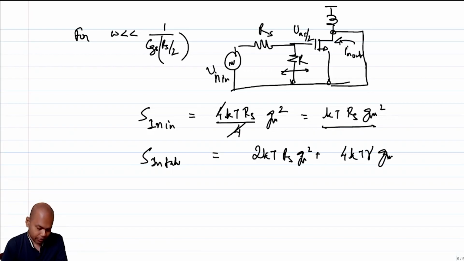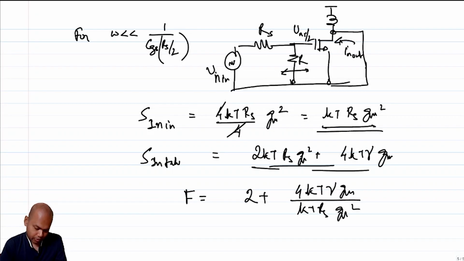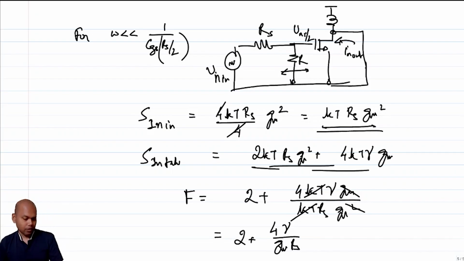So what is your noise figure or noise factor? Noise factor is essentially this divided by this. So I get 2 plus 4 kT gamma Gm by kT RS Gm squared. So kT goes, one Gm goes. So you get 2 plus 4 gamma by Gm RS, right?